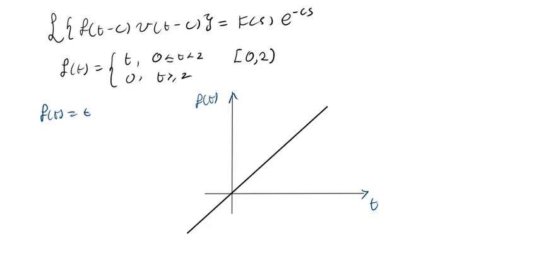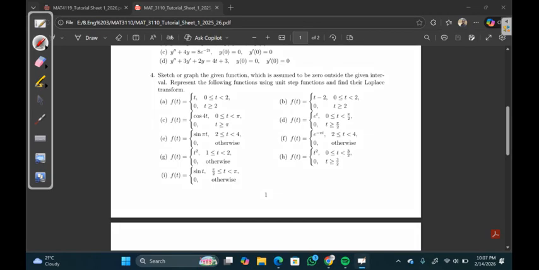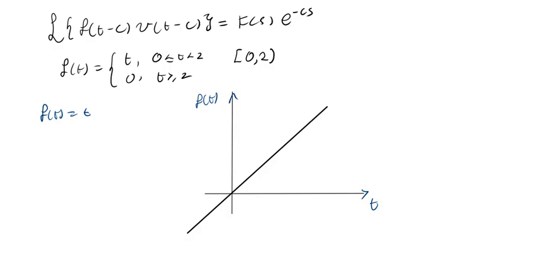So this information that you have right here is very, very important. It's very easy to get the sketch wrong if you ignore the part where the question says sketch or graph the given function, which is assumed to be 0 outside the given interval. So outside the interval, we are supposed to respect that particular part.